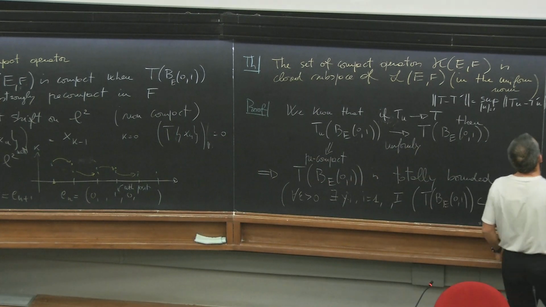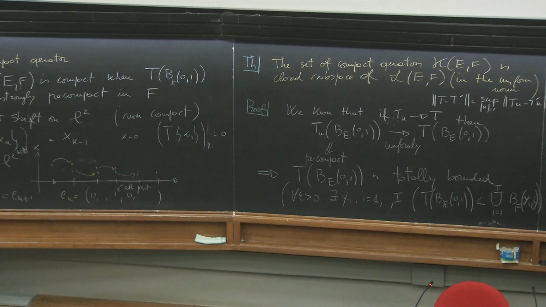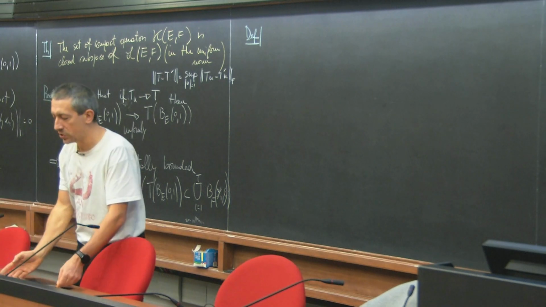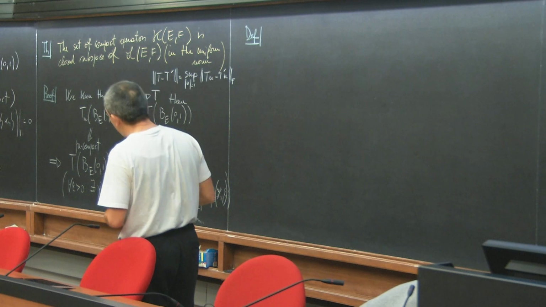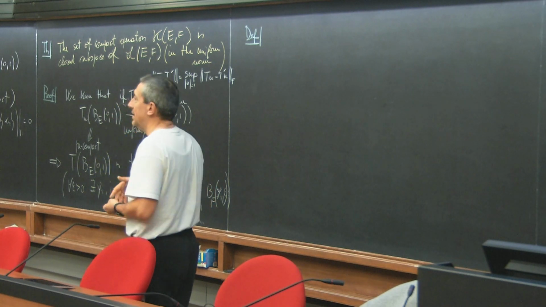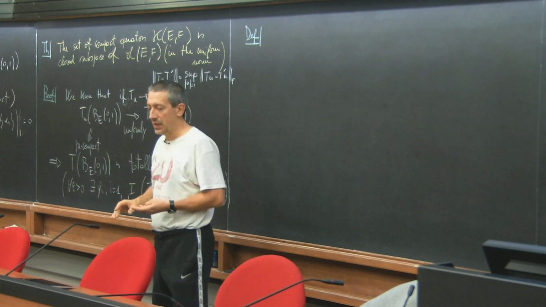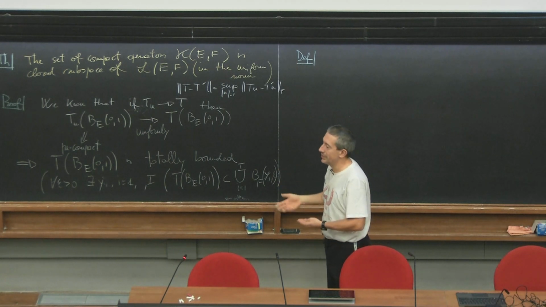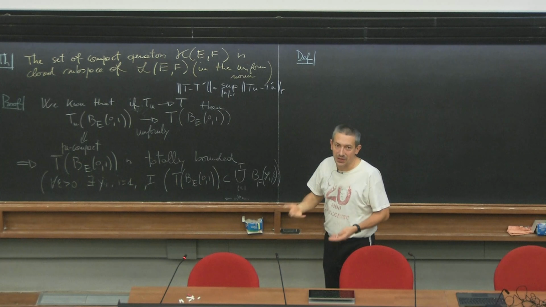So let's see a particular class of these operators, which is very important because the easiest way to prove that an operator is compact is to show that it is approximated by compact operators. Well, there are other ways, of course. For example, if you know that the image is in a compact subset, you are fine.